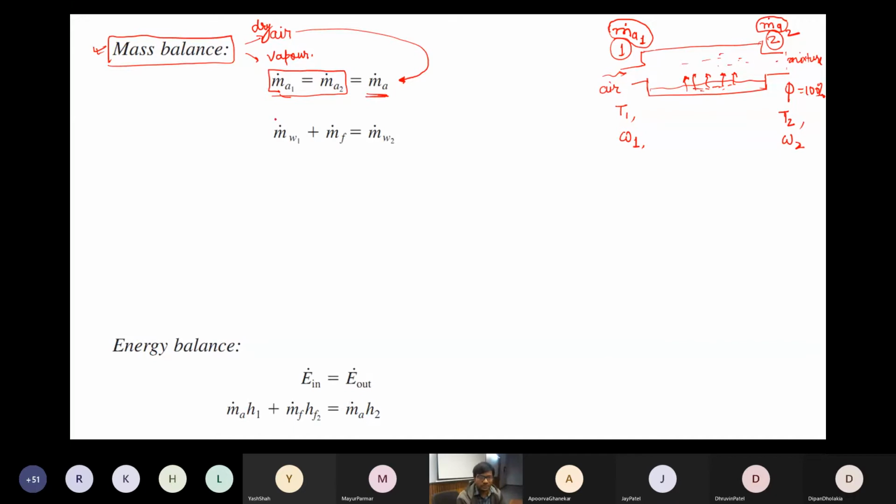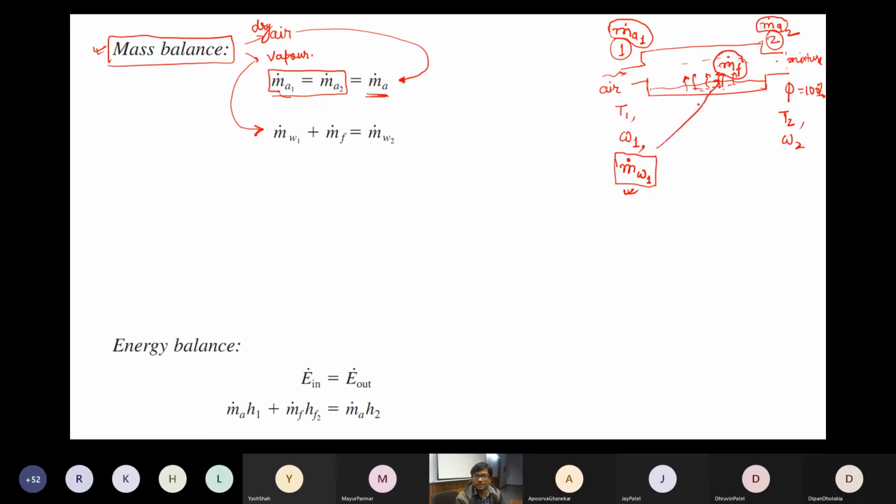Now let's talk about the vapor mass balance. So at left hand side we have, I mean it was unsaturated, but yes, it has some omega, some phi. So it may contain some mass of water as well. Let's suppose this is your mass of water that was there initially. And now mass m dot f has been evaporated and mixed with this air.